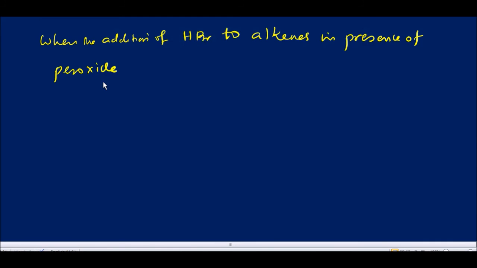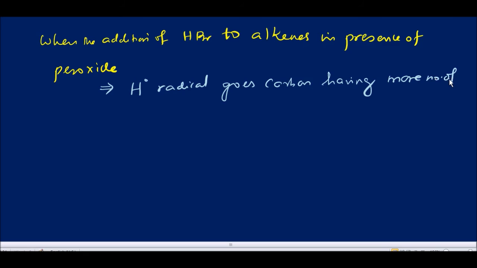Hydrogen radical goes to the carbon having more alkyl groups, or we can say a lesser number of hydrogen atoms.